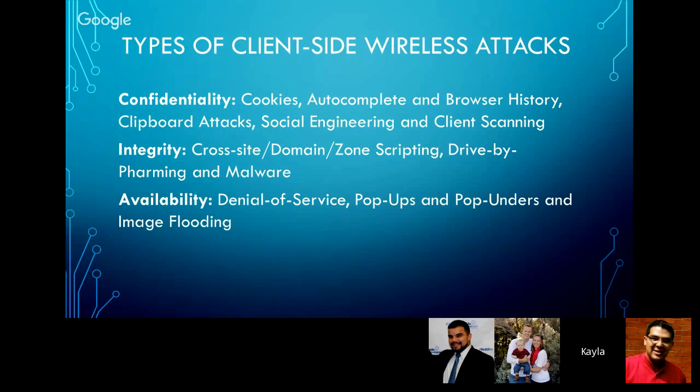In the case of availability, if you are using some information that is for you and you need it at a certain time, an attacker can use that information, and you are not going to see how it is being used. Okay, so I think that's it for these types of client-side attacks, and Kelly is going to give us some examples of these attacks.